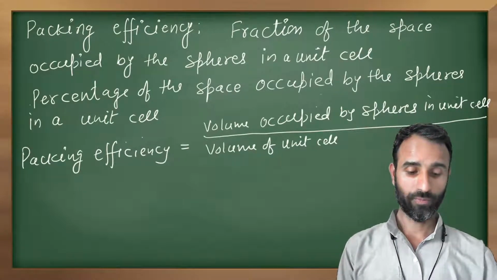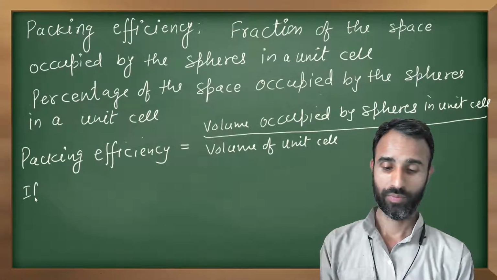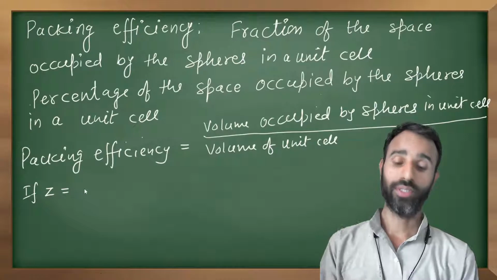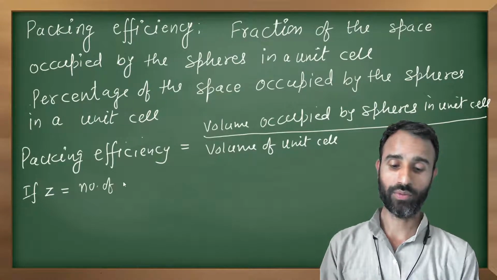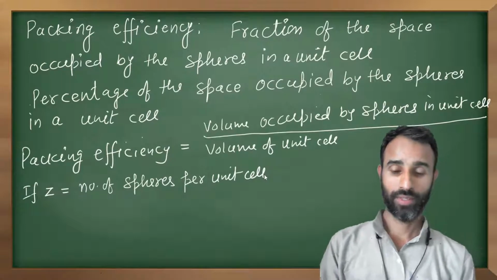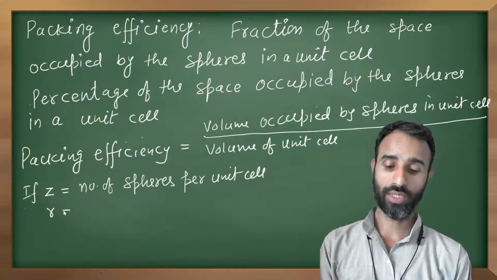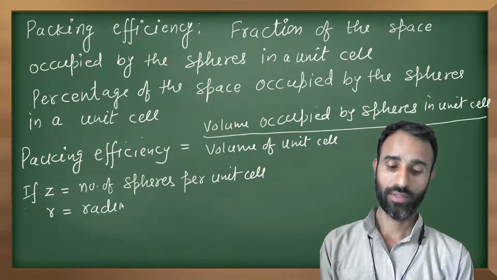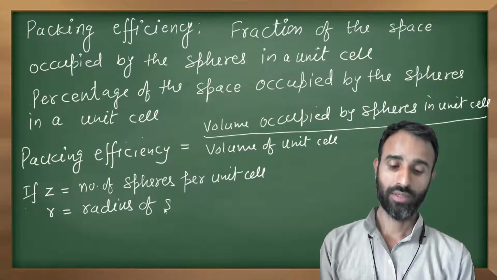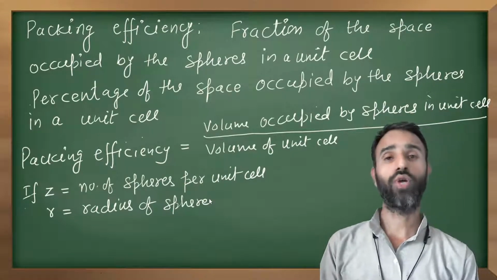Now you know, if Z is the number of atoms or number of spheres per unit cell, and if R is the radius of a sphere, then what is the volume of a sphere?